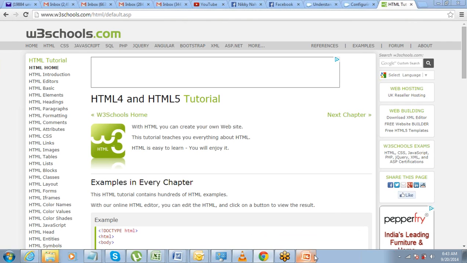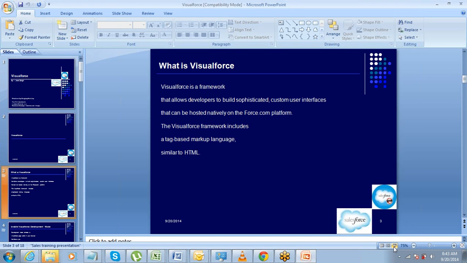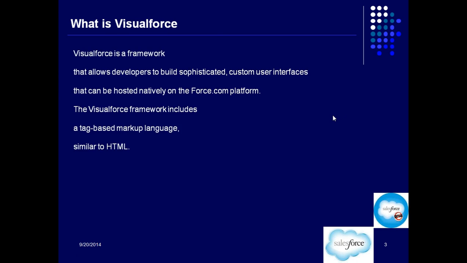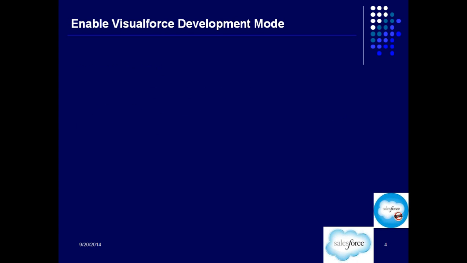So we were here. We have understood what Visualforce is. Now, the first thing you have to do is enable the development mode, Visualforce development mode on your system. What is development mode? This development mode embeds a Visualforce page editor in your browser.